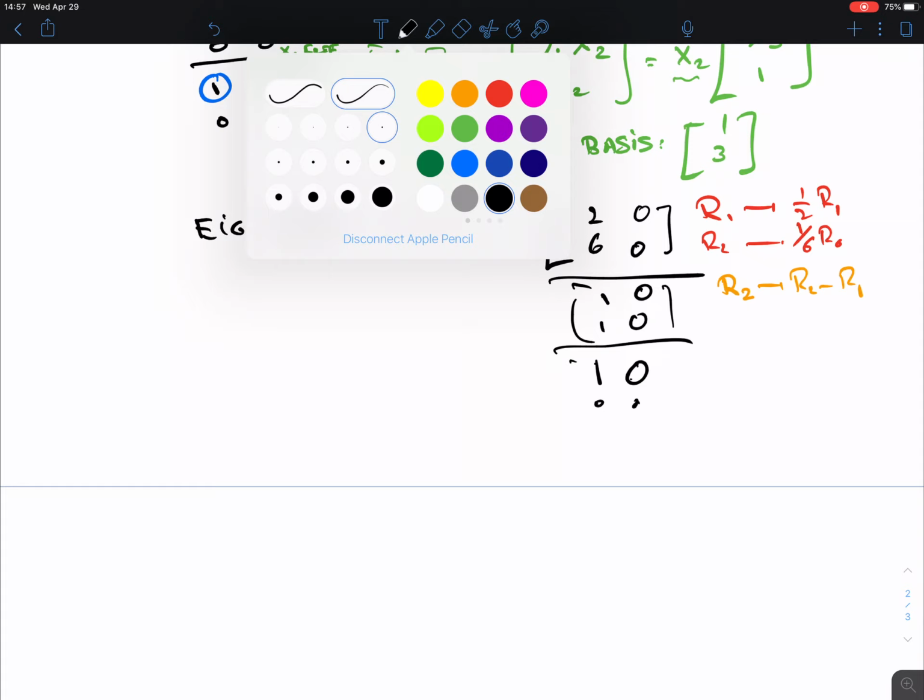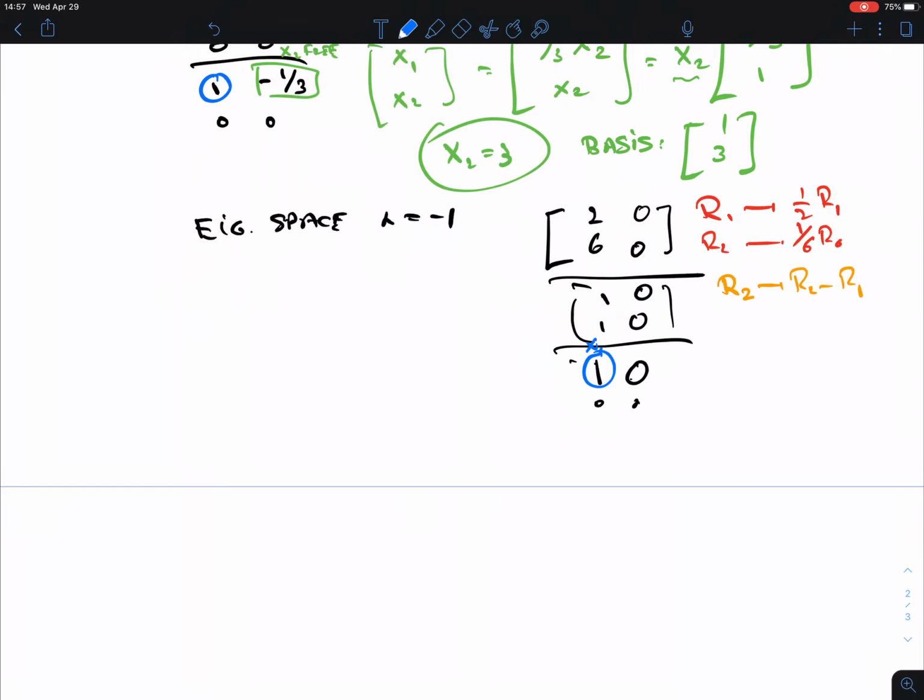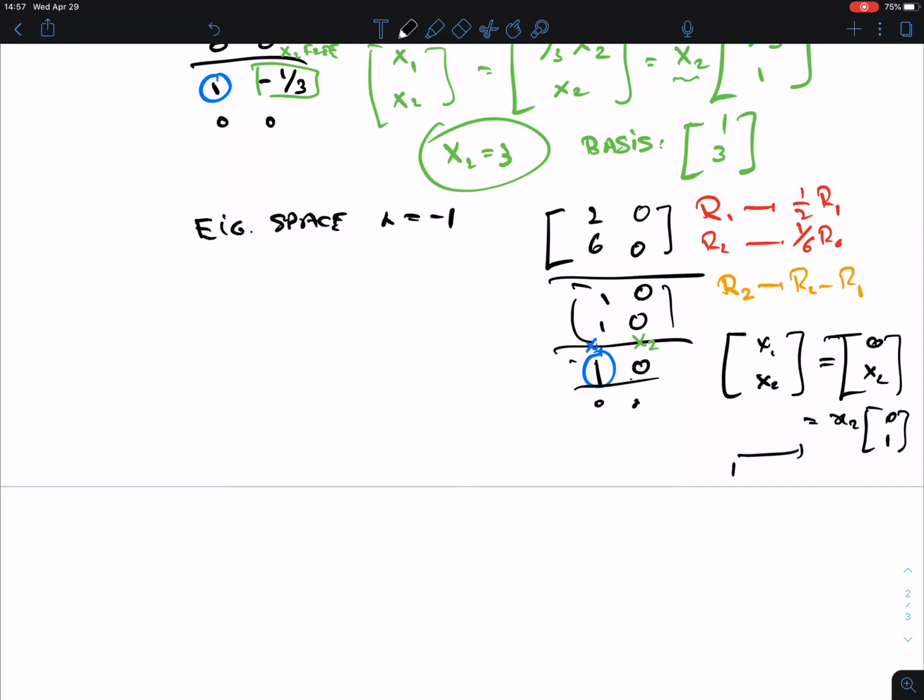So we have our pivot is x1, and the free variable is x2. I shouldn't have circled the 0 here. Doesn't make sense. Okay, so we have x1, x2. From this equation, we see that x1 is just 0. And x2 is of course just itself, so we get x2 times (0, 1). So this is our other basis vector.